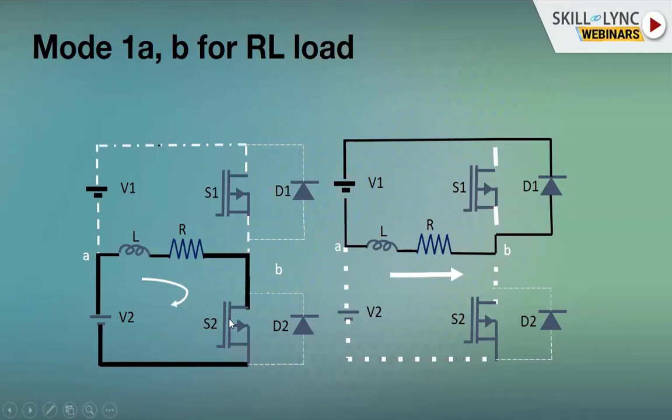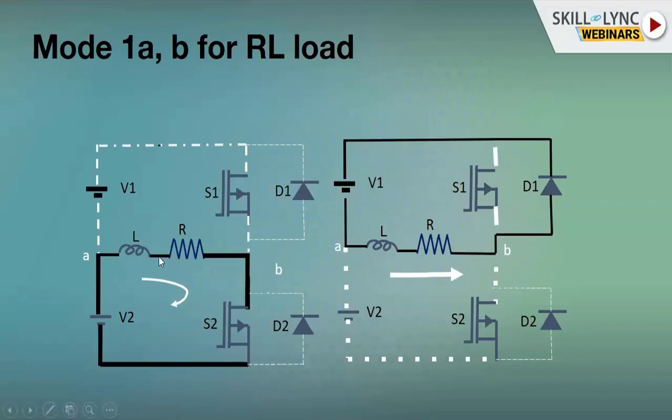When you switch off S2, what would happen? The inductor is a device which does not allow any change in current. For example, the current was moving from A to B. When the switch S2 is switched off, the flow of current is all of a sudden abruptly stopped. This would be opposed by the inductor. An inductor is a device which opposes any change in current.